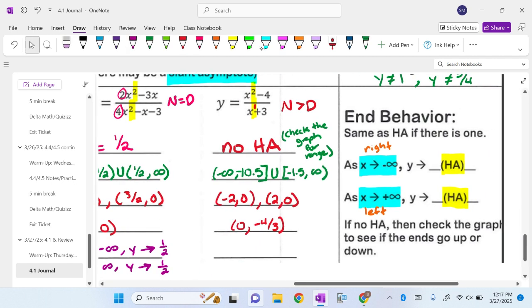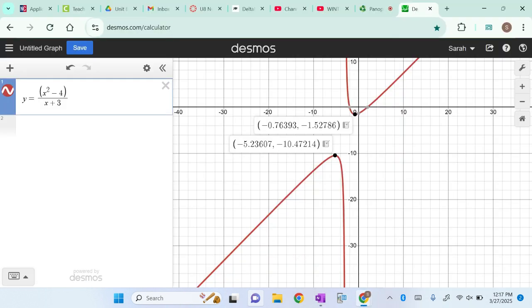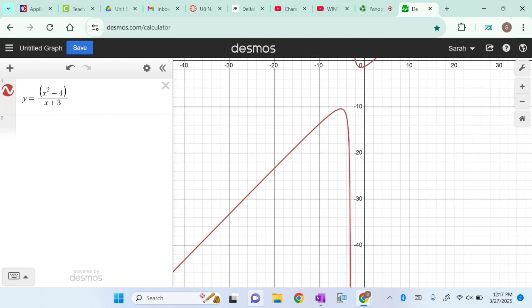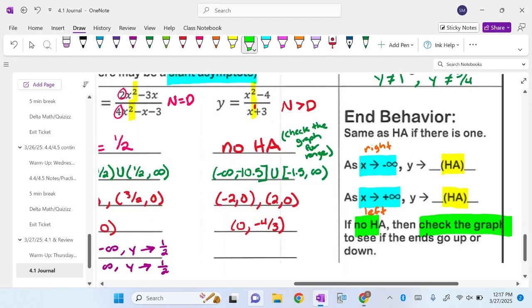Sometimes if we don't have a horizontal asymptote, we still have to check the graph. So going back to this graph. As x approaches negative infinity, so all of my x values to the left, which way are both the ends pointing, up or down? Down, so they're going to where? Negative infinity.